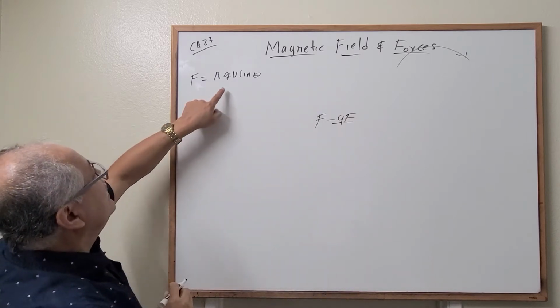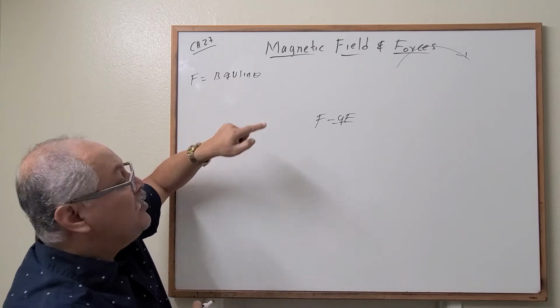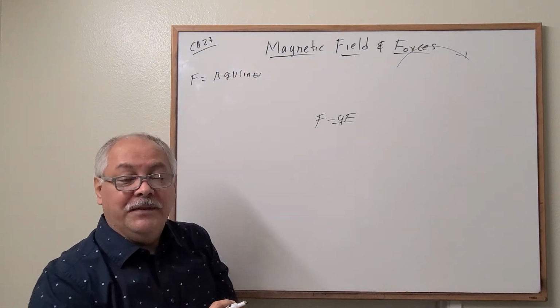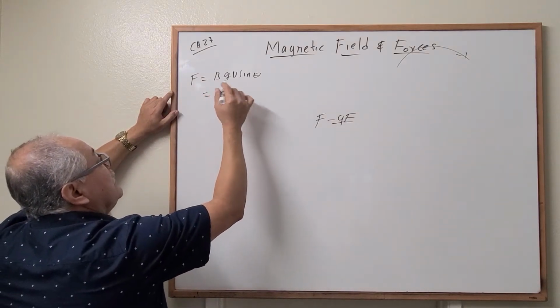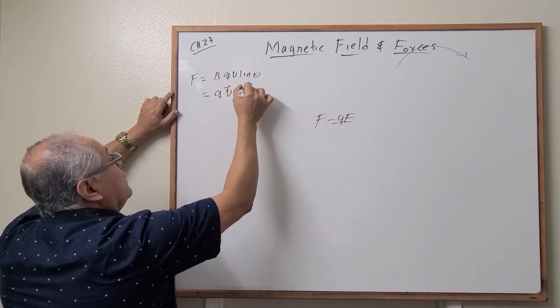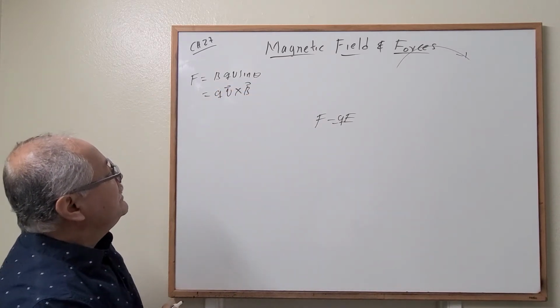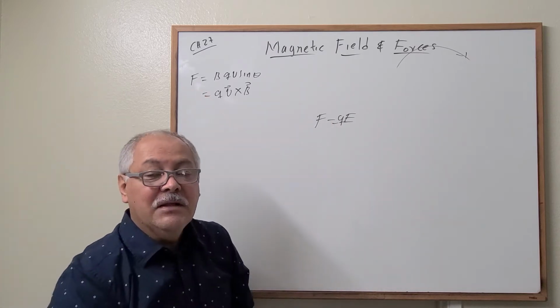And by the way, every time we have signs and vectors, we can represent this using the cross product. So it's going to equal the charge times V cross B. Now the same thing happens in this case. This is only using the magnetic forces.